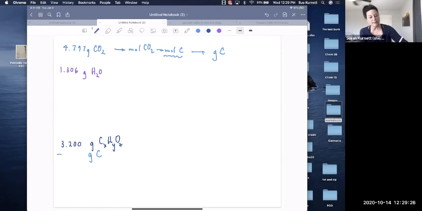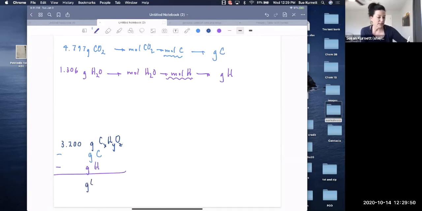And then for water, the same idea. Grams of water to moles of water to moles of hydrogen, remembering that there's a 2-to-1 relationship. Get that set of moles, because I need that for my molar ratio. But I am going to continue on and get to grams of hydrogen so that later I can subtract that. And my reason to do that is to come up with the grams of oxygen so we can go to moles of oxygen.